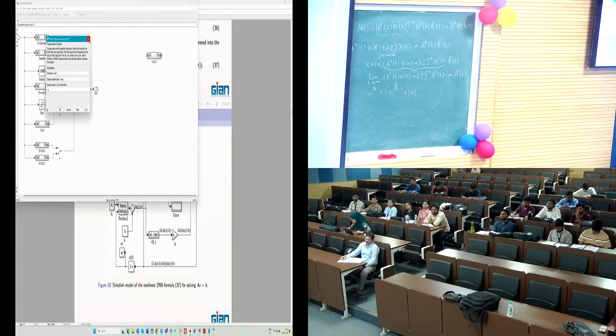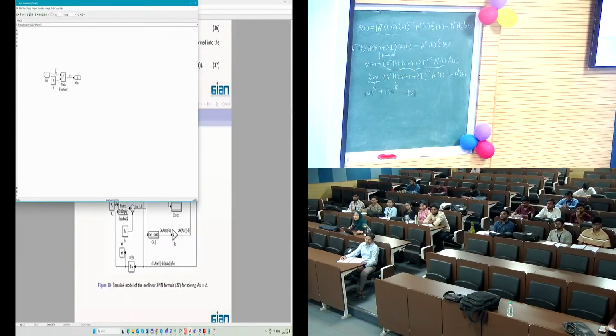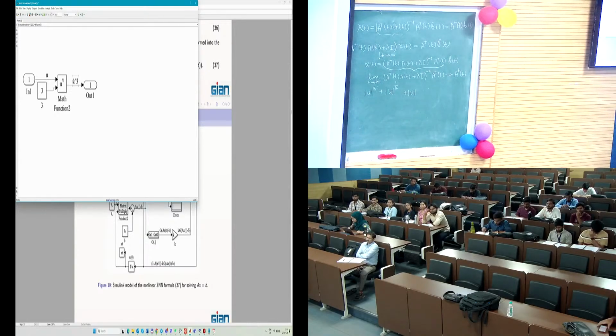Sine hyperbolic, power 3 function, u power 3, it is one odd and monotonically increasing function. What is the graph of this function?